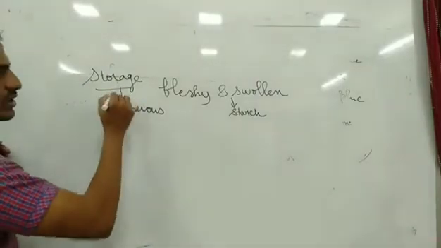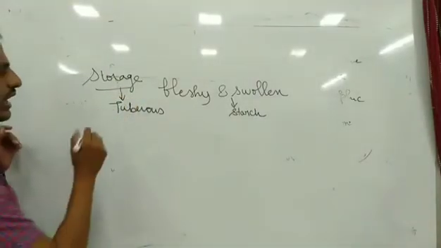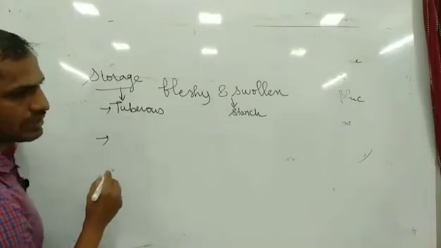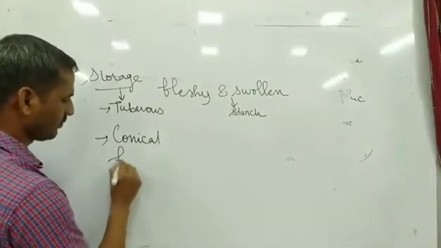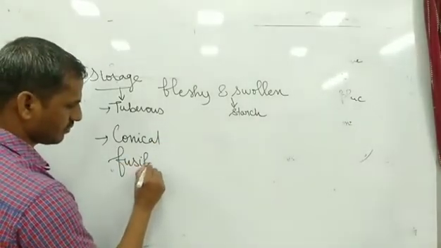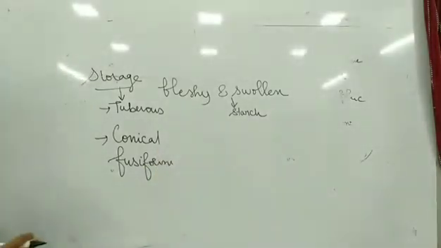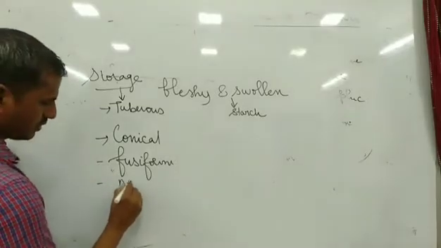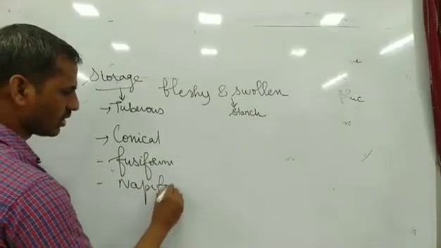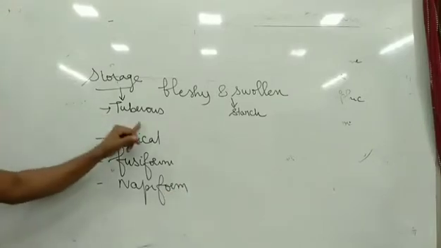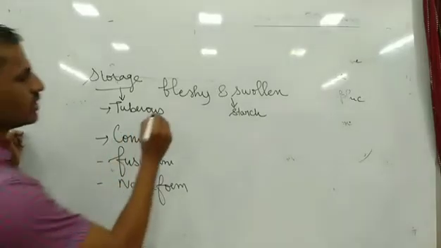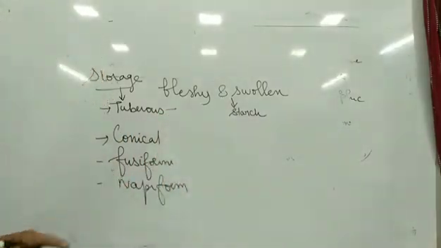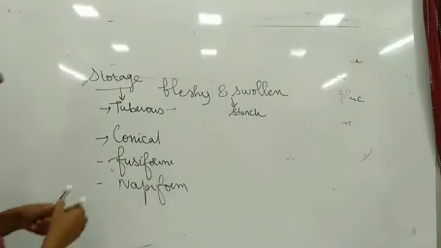Based on this storage, roots are divided into four categories: tuberous root, conical root, fusiform root and napiform root. The tuberous root is present in sweet potato.